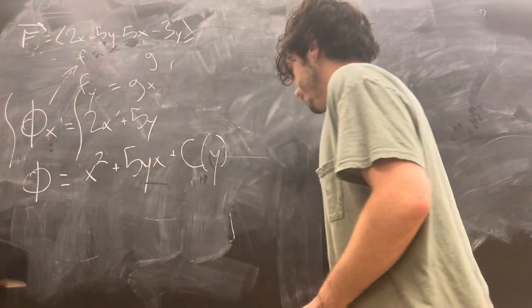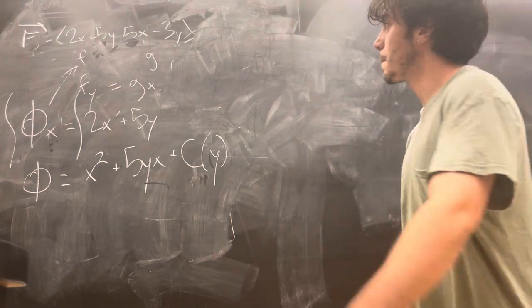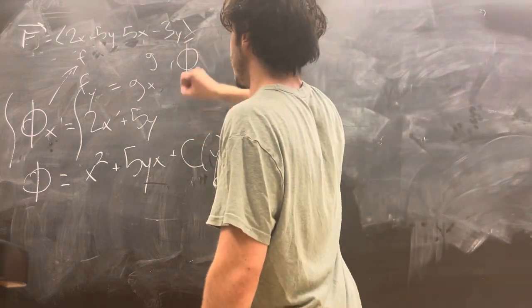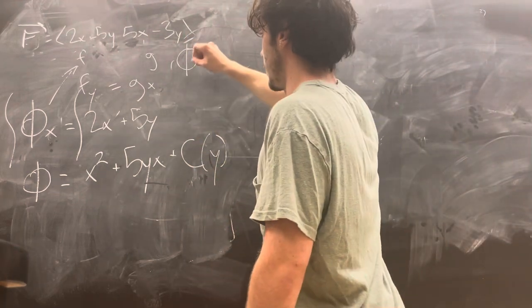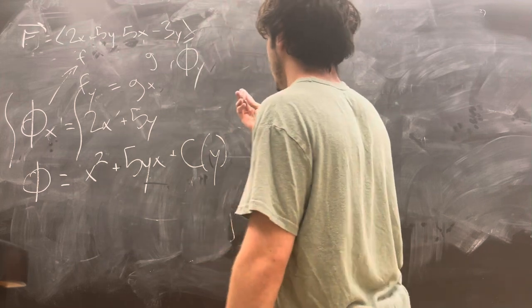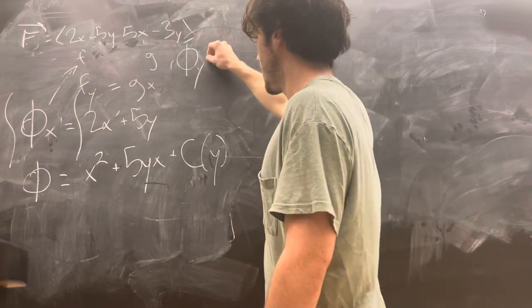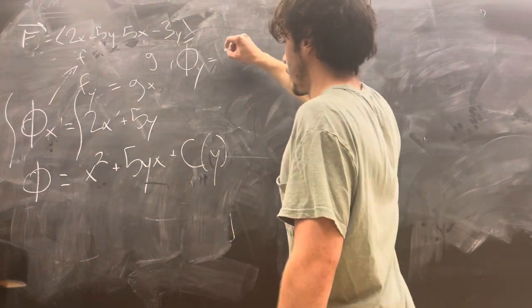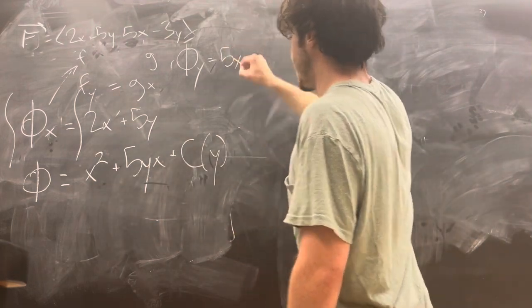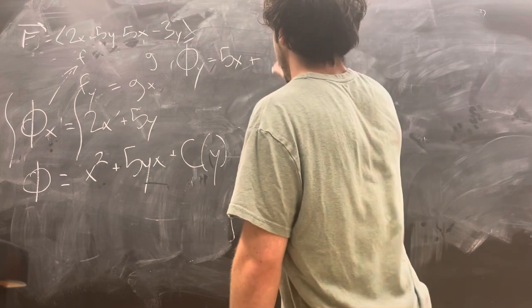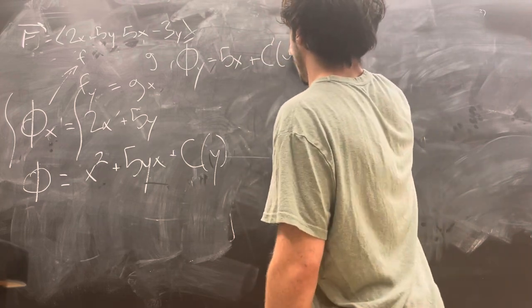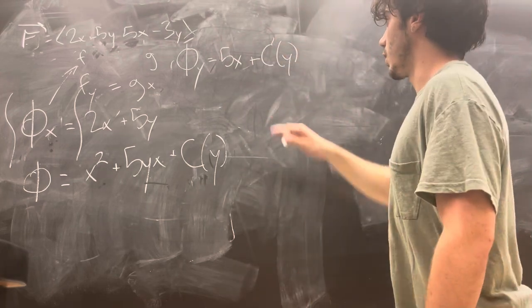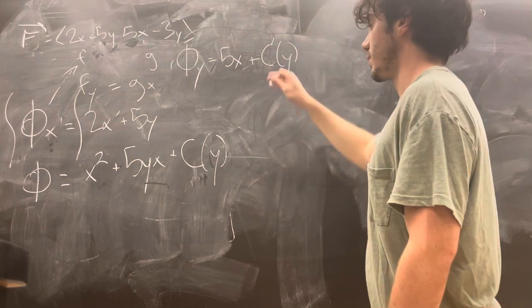I'm going to erase some of this up here just to free up a little more space. But what we're going to do next is take the derivative of this function with respect to y, partial derivatives. And we will get that the x squared disappears, but we have 5x plus some constant with respect to y, where we have c prime of y, just the derivative of this constant, right?